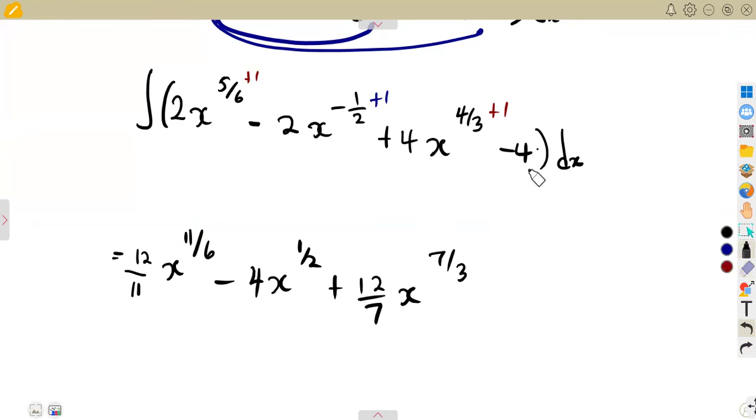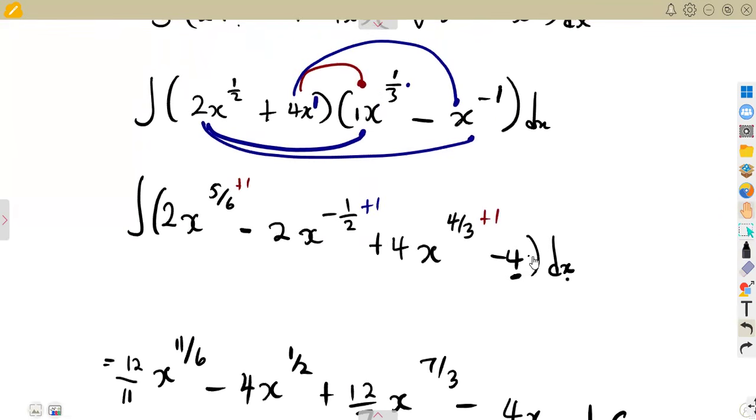Okay, integrate minus 4 with respect to x. That will be minus 4x plus the constant of integration. That is what we had from our simplification. So these are the typical questions.